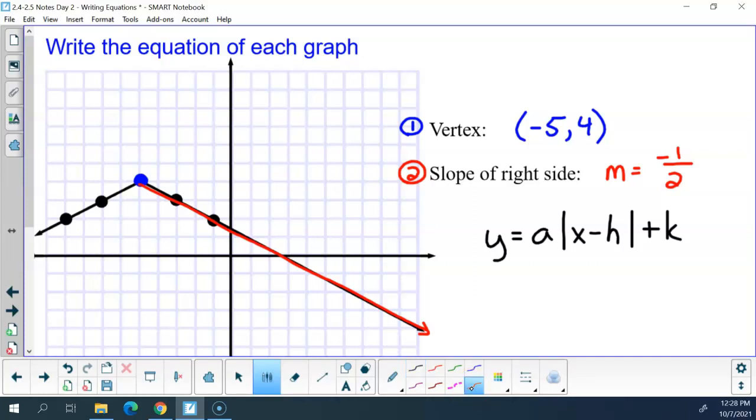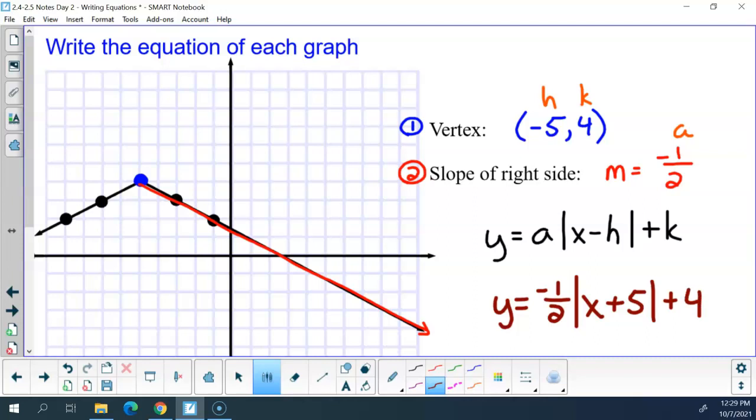So this is h, this is k, and this is a, which are the three things that we need to fill in our equation. So the equation of this absolute value graph is y equals negative 1/2 times the absolute value of x minus negative 5, then plus 4.